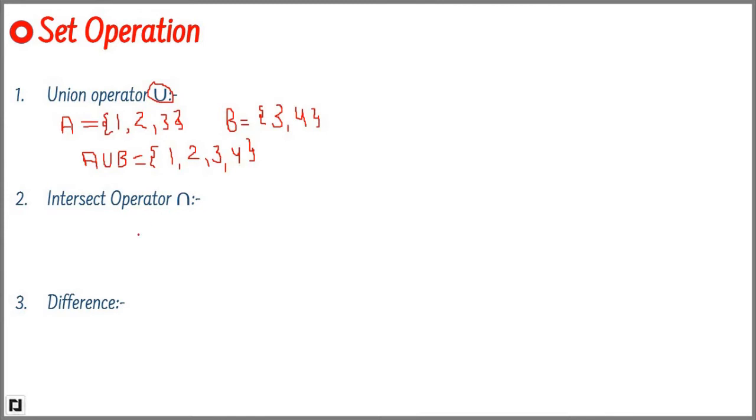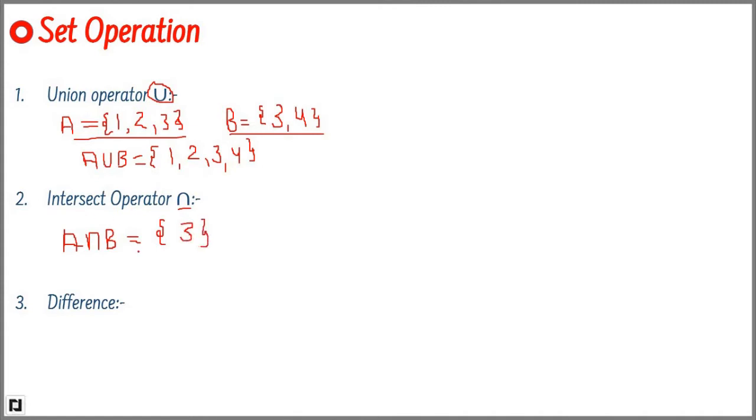The next is the intersection operator. It is denoted by this symbol here. If we have a set A which contains elements 1, 2 and 3, and we have another set B containing elements 3 and 4, then A intersection B is equal to 3.